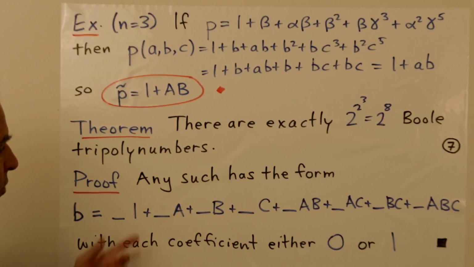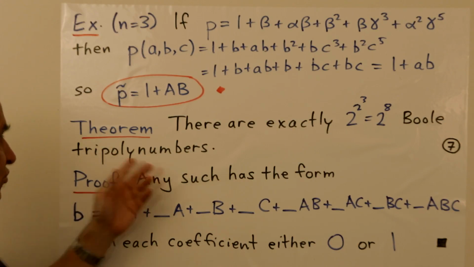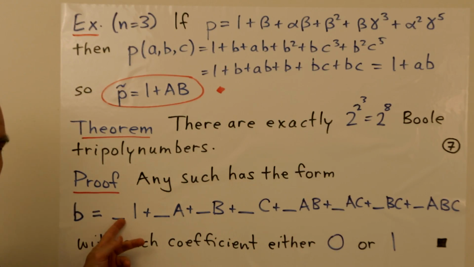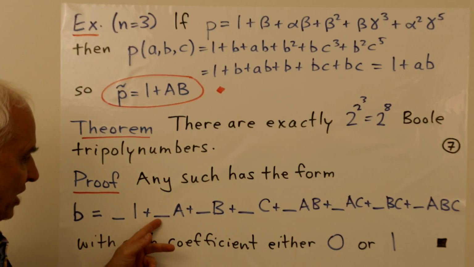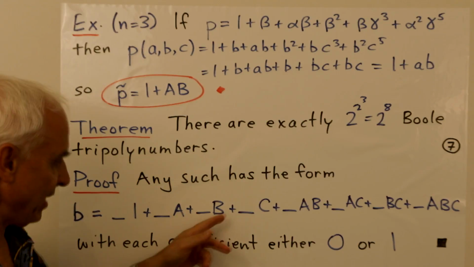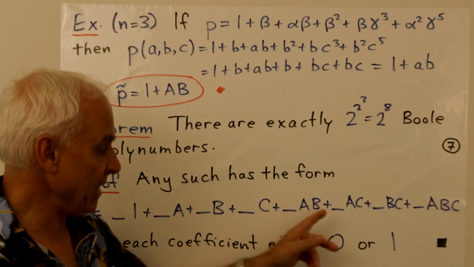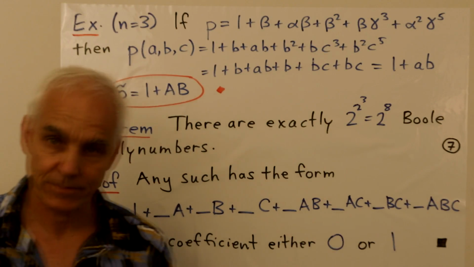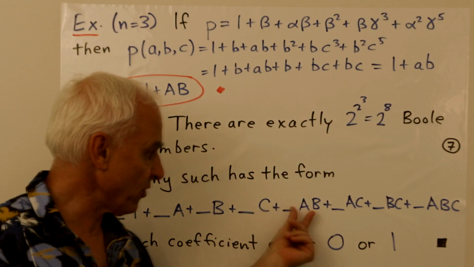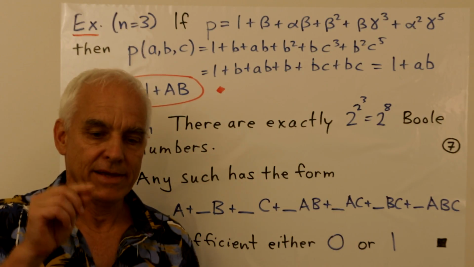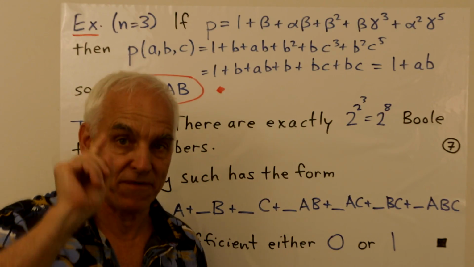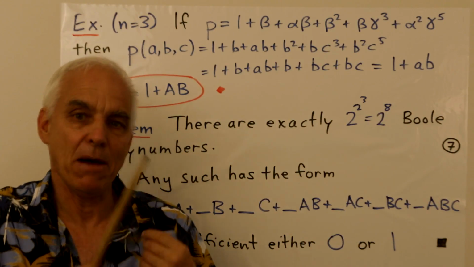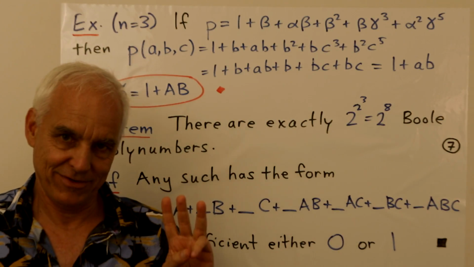And why is that? Well, because any such Boole tri-polynumber will be of this form. It'll be some coefficient times 1 plus some coefficient times a plus something times b plus something times c plus something times ab plus something times ac plus something times BC plus something times ABC. The possible terms that you can write down that involve each variable at most to the first power is really exactly the same as the set of subsets of three things.